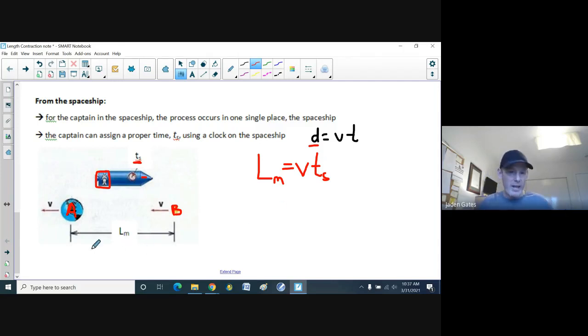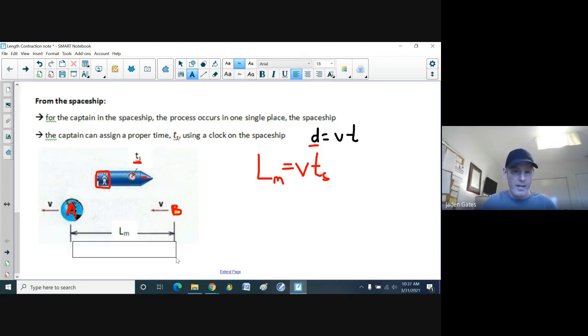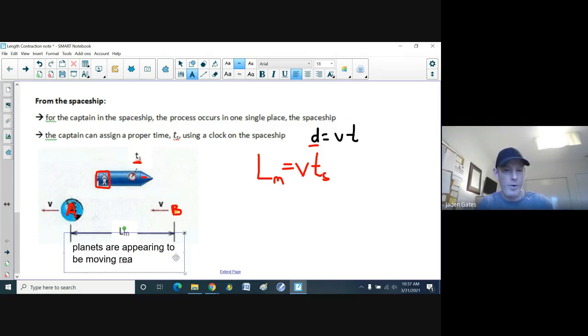So LM, again, this is a situation where planets are appearing to be moving relative to the observer on the ship, right?